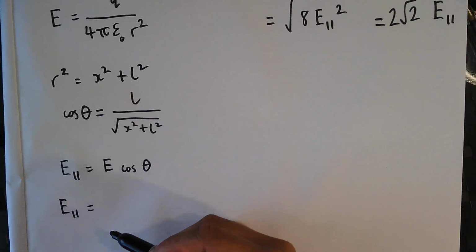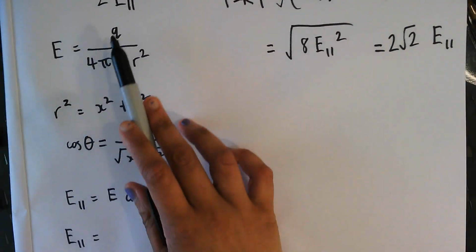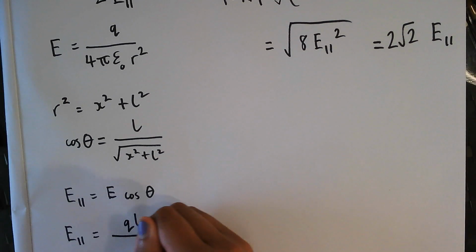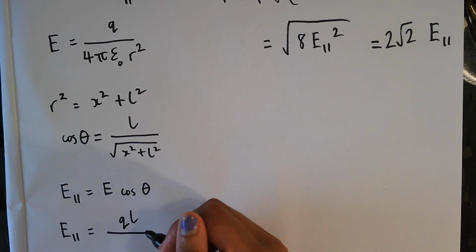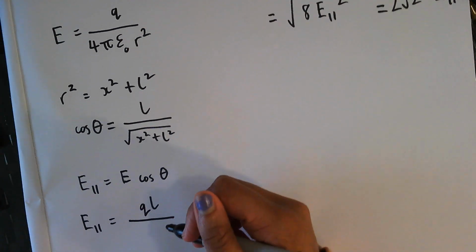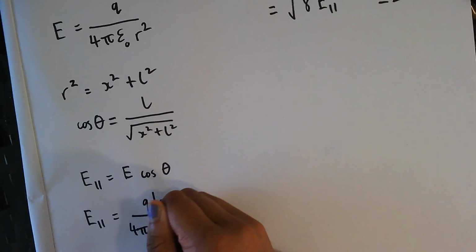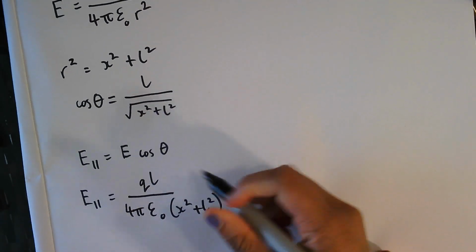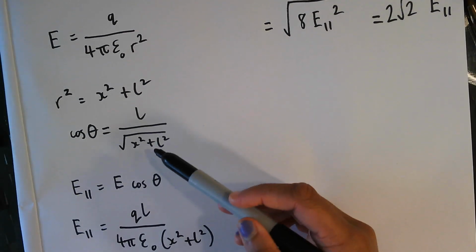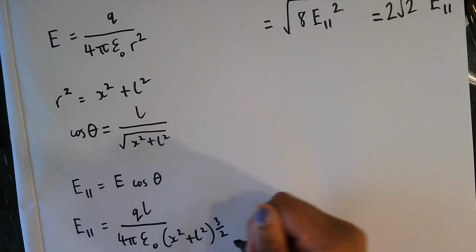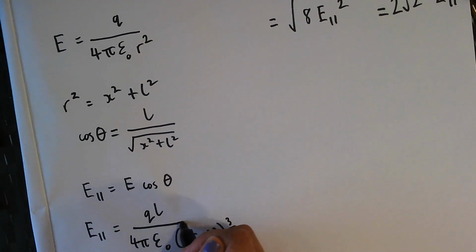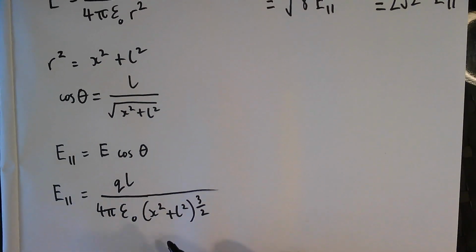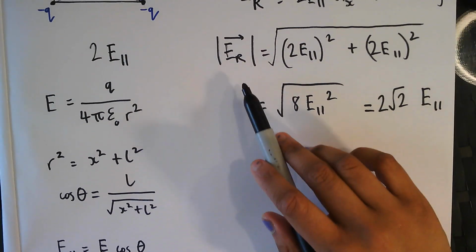So if we substitute in the value of cos theta into this equation, we get E parallel equals QL over 4 pi epsilon naught, x squared plus L squared, to the power 3 over 2. So that's the value of E parallel, and we want to work out the resultant electric field.